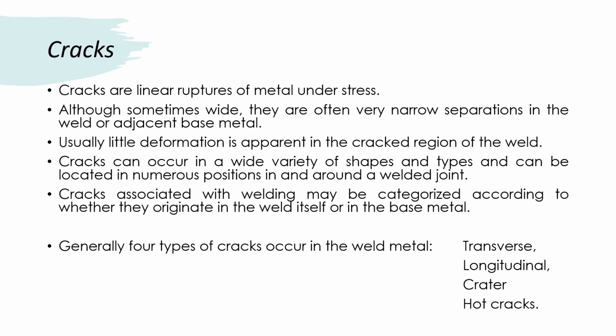Next is cracks. Cracks are linear ruptures of metal under stress. Although sometimes wide, they are often very narrow separations in the weld or adjacent base metal. Usually little deformation is apparent in the cracked region of the weld.